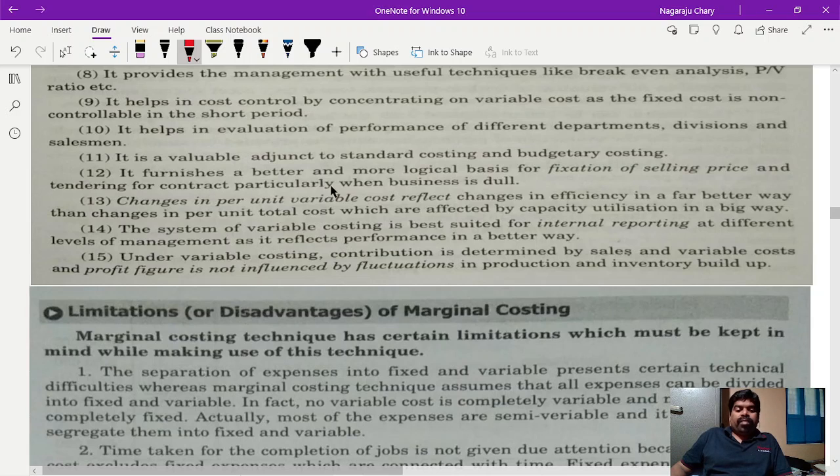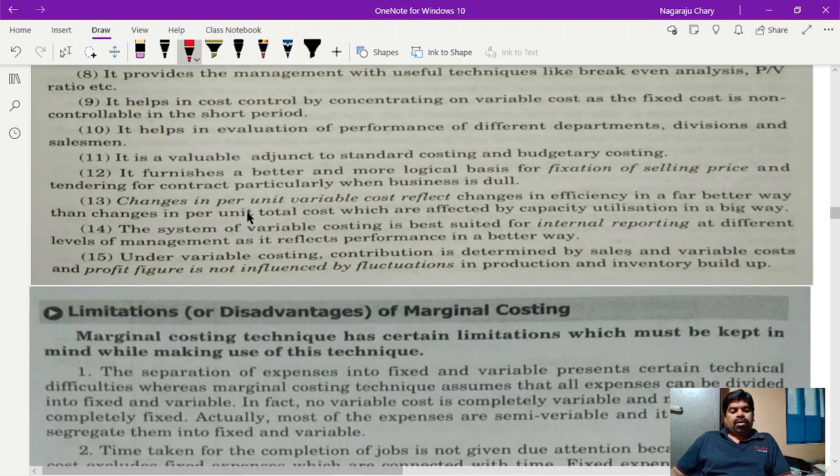It furnishes a better and more logical basis for fixation of selling price and tendering for contract, particularly when business is done. So it is very useful in fixing the selling price and the tendering of contracts.